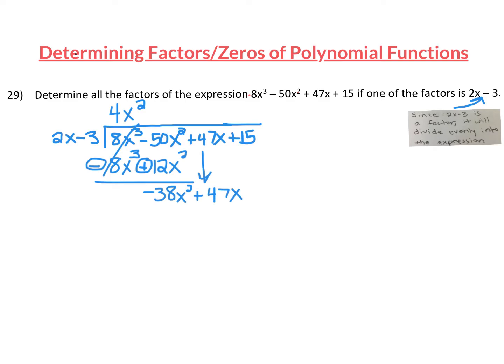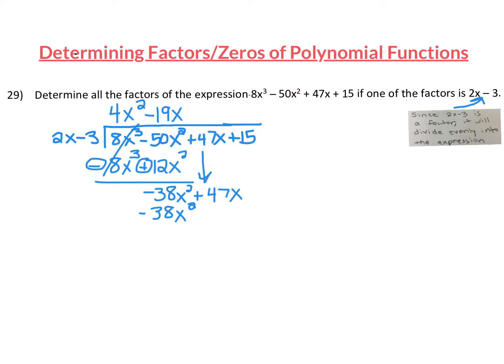Okay, so let's start the process again. What do we multiply 2x by to give us negative 38x squared? So negative 19x. So I'm going to put that up here. And then distribute. Negative 19x times 2x is negative 38x squared. And then negative 19x times negative 3 would be what?